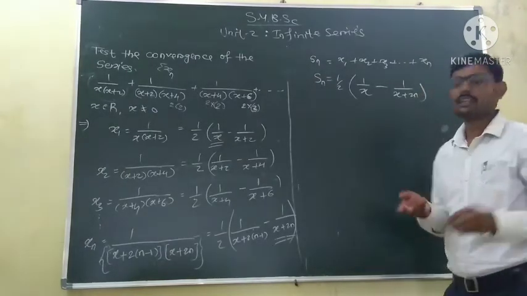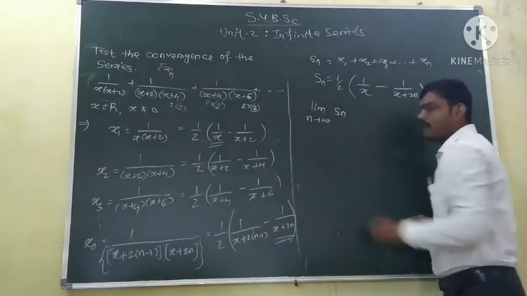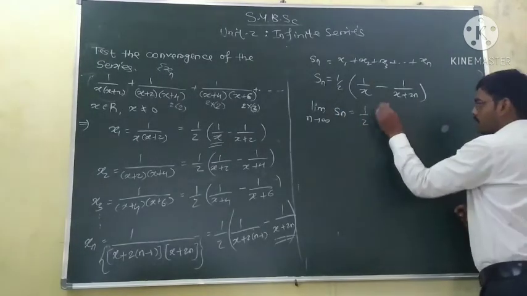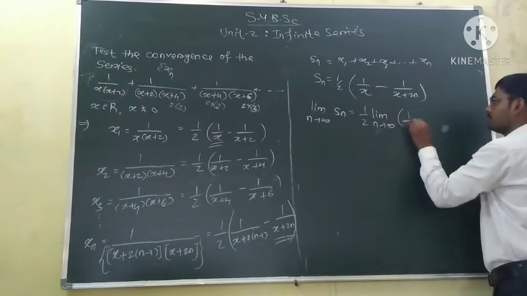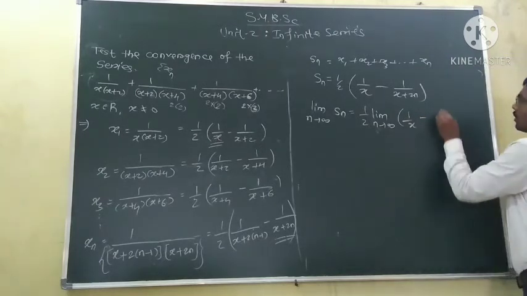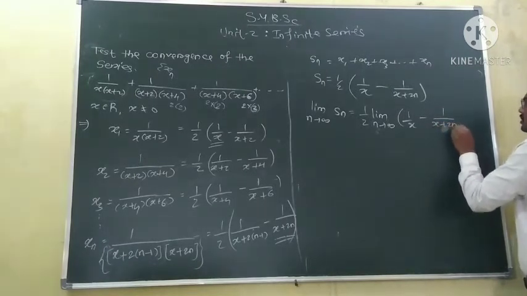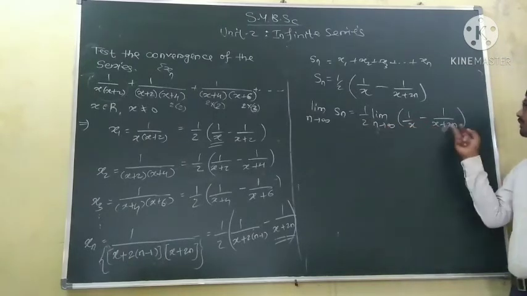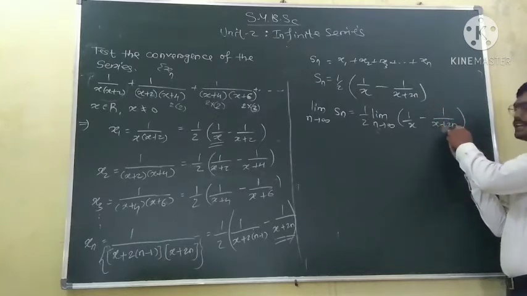Now we will take the limit of Sn. So limit as n tends to infinity of the nth partial sum is equal to 1 half, which is common and was outside, into limit as n tends to infinity of 1 by x minus 1 upon x plus twice n. As n tends to infinity, twice n tends to infinity, so x plus infinity tends to infinity, and 1 by infinity tends to 0.